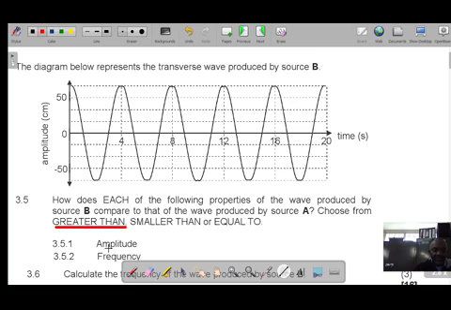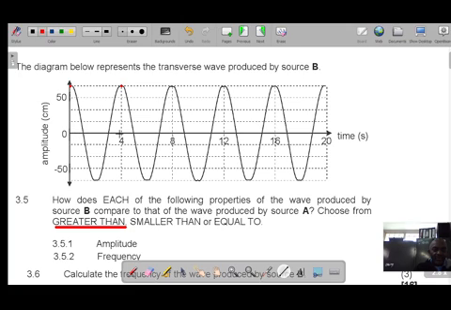Then next they're saying frequency. Now the frequency is given by 1 over periodic time. The time taken between these two points, from one point in phase to another point in phase, is our periodic time.